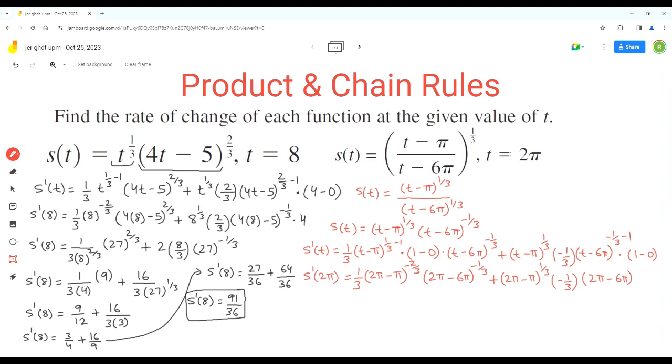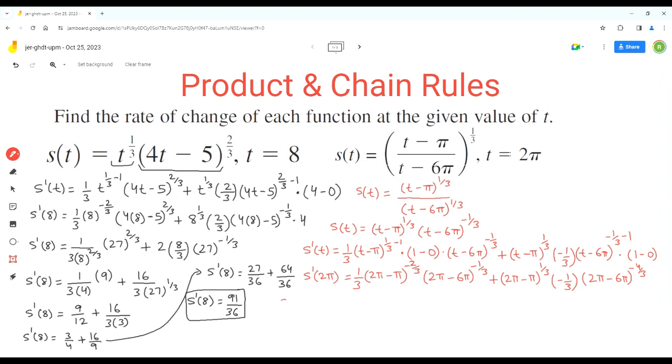So now negative 1 over 3 minus 1 is equal to negative 4 over 3. And then 1 minus 0 is equal to 1, and multiplication by 1 doesn't change anything, so it goes away.